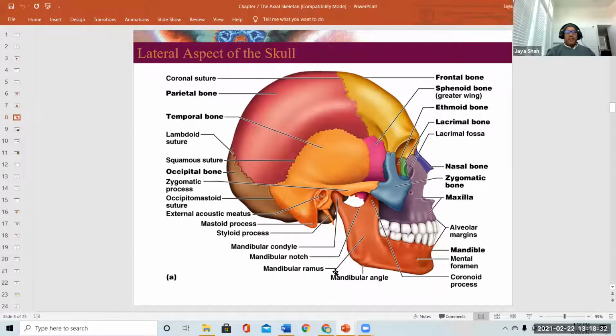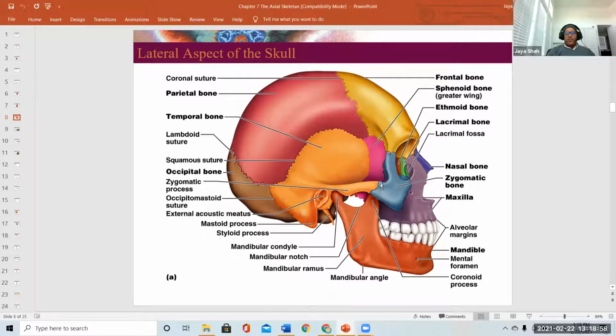Okay, so from the lateral side, you can see other sutures too. This suture between the parietal and temporal bone is called squamous suture. Okay, this is the temporal bone. Temporal bone has several parts. This is zygomatic process, which is attached to the zygomatic bone.